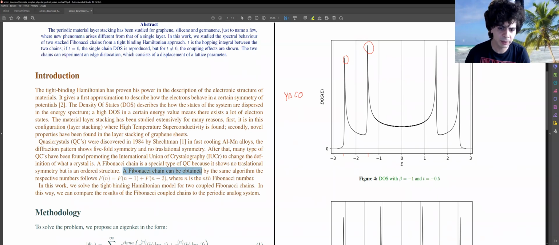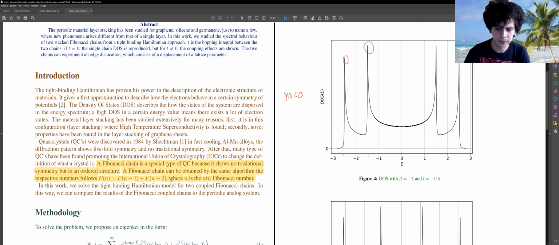A Fibonacci chain is a special type of quasicrystal because it shows no translational symmetry, but is an ordered structure. Also, a Fibonacci chain can be obtained by the same algorithm the Fibonacci numbers follow. That means it follows this formula, where F_n is the nth Fibonacci number.